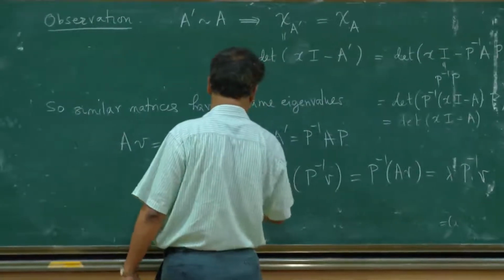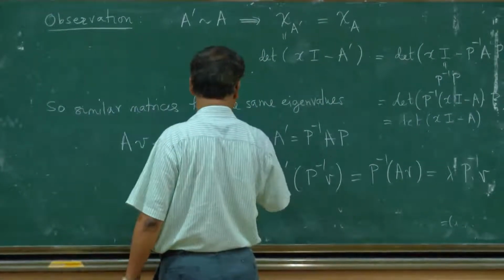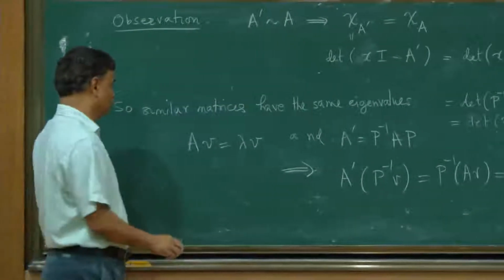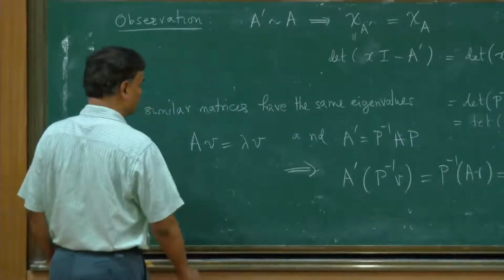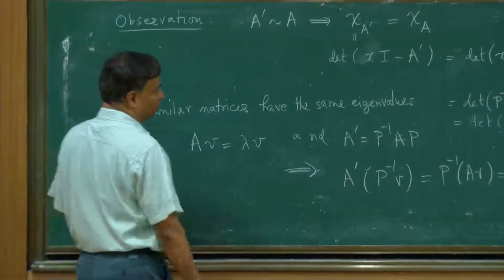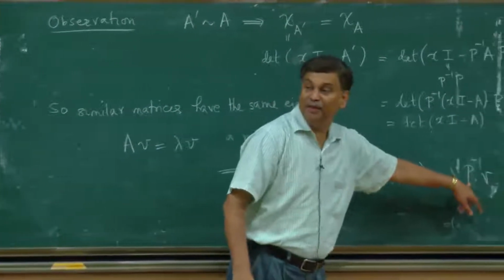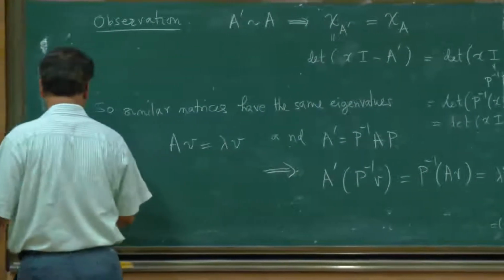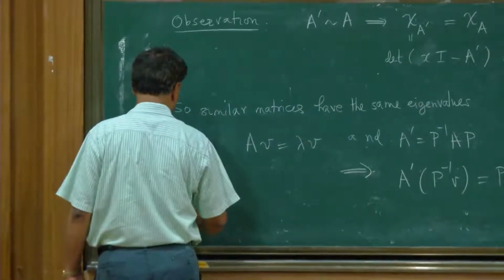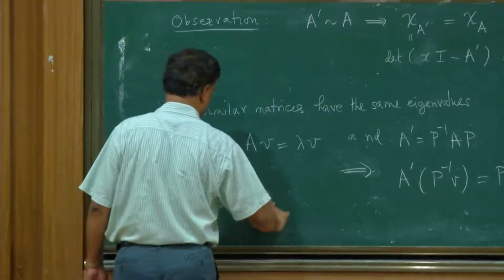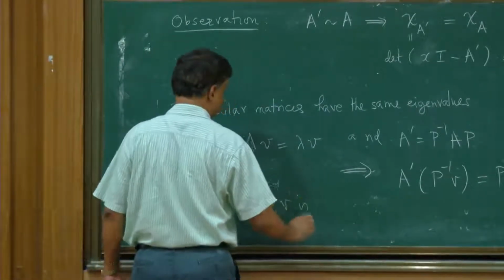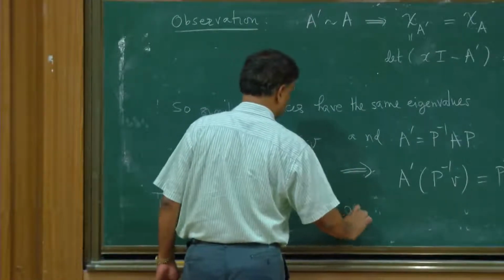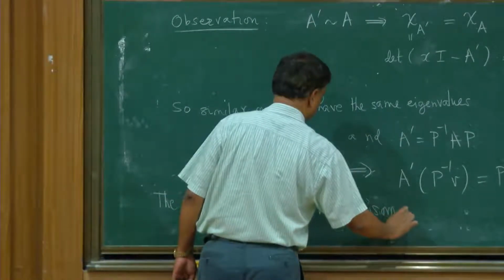So therefore, what that shows is that v is an eigenvector of A if and only if P inverse v is an eigenvector of A dash. So the map v going to P inverse v gives an isomorphism.